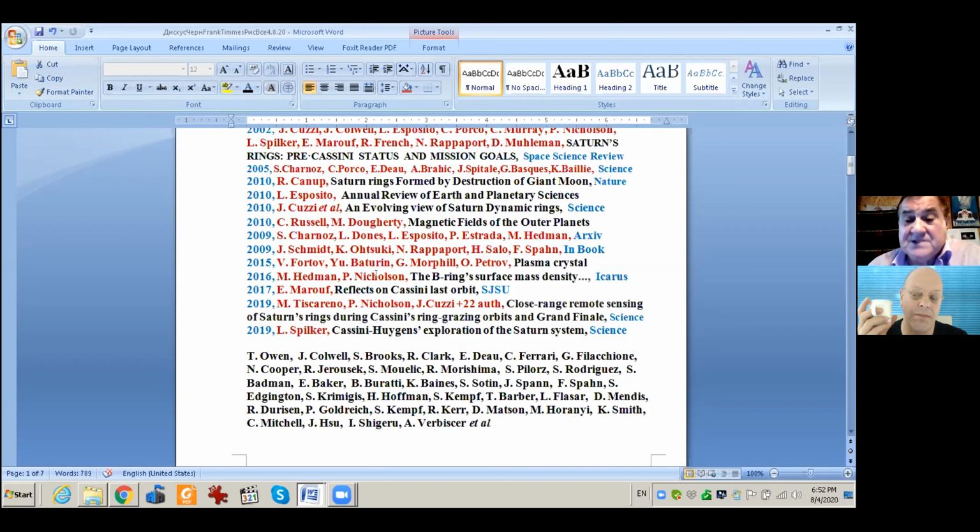Okay, in the paper we try to present the contribution to the rings' origin of the own magnetic field of Saturn after its appearance, while taking into account magnetic properties of particles of a protoplanetary cloud.